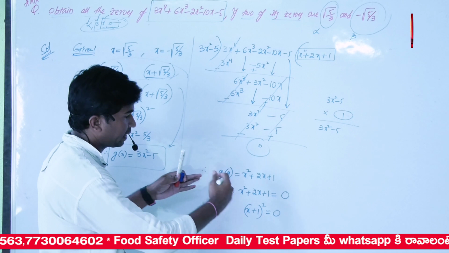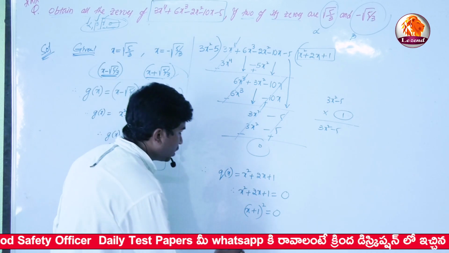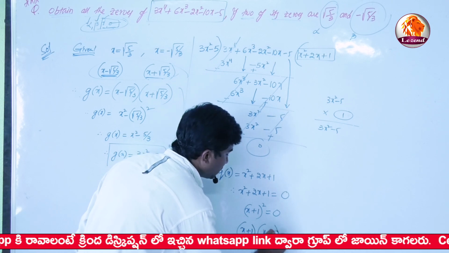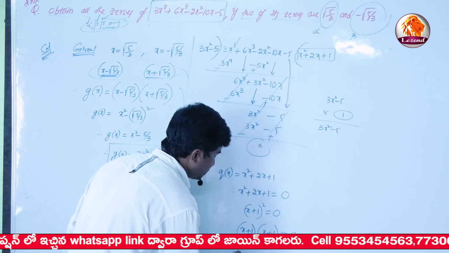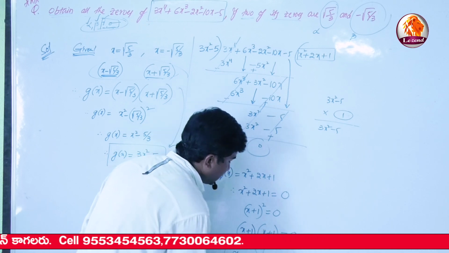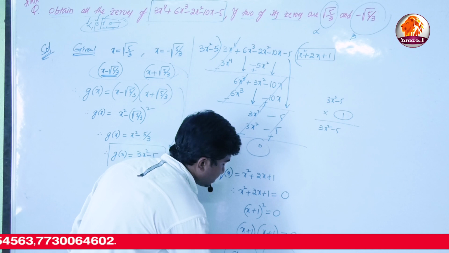Otherwise you can do the normal factorization. So x plus 1 into x plus 1 equals 0, so x equals minus 1. Again here also x equals minus 1. These are gamma and sigma.